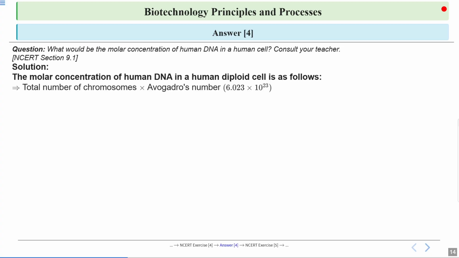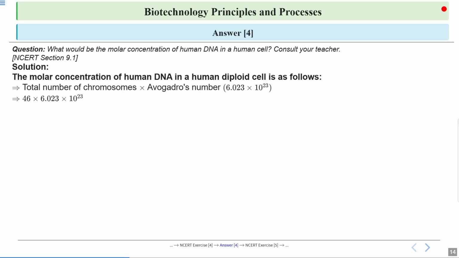So total number of chromosomes into Avogadro number. And you all know what the Avogadro number is? 6.023 into 10 to the power 23. This is Avogadro's number, right? If you multiply it with the total number of chromosomes, then you get the molar concentration of human DNA.